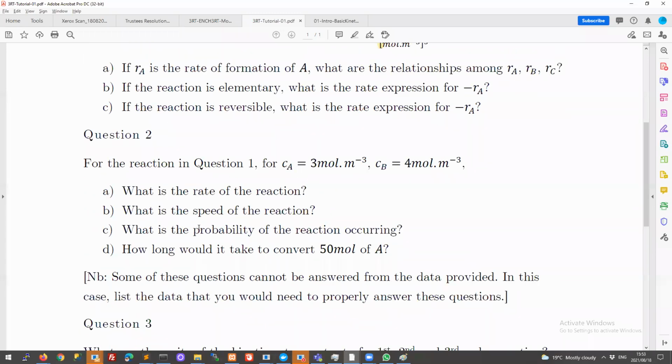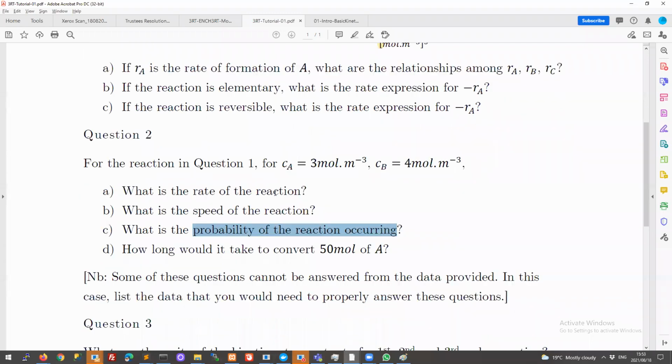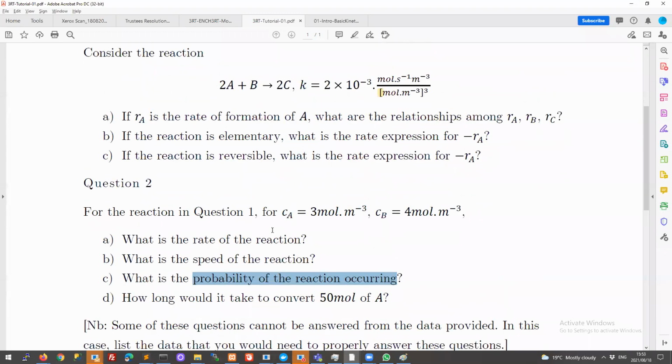So in fact, an answer to this is 100%. Definitely this reaction is going to happen. There's no possibility it's not going to happen. There are so many molecules in such small spaces. And here it's not even that the concentrations are very low. So definitely the reaction is going to happen.